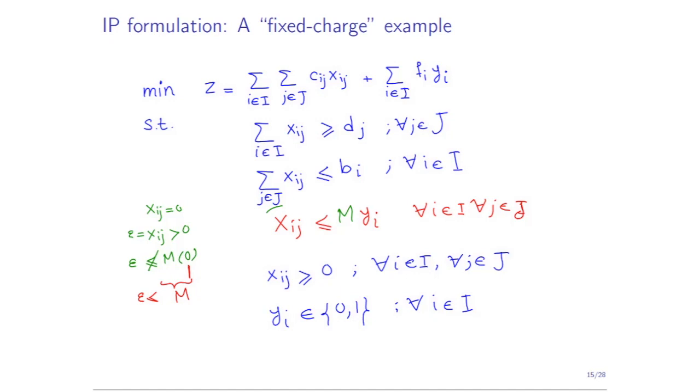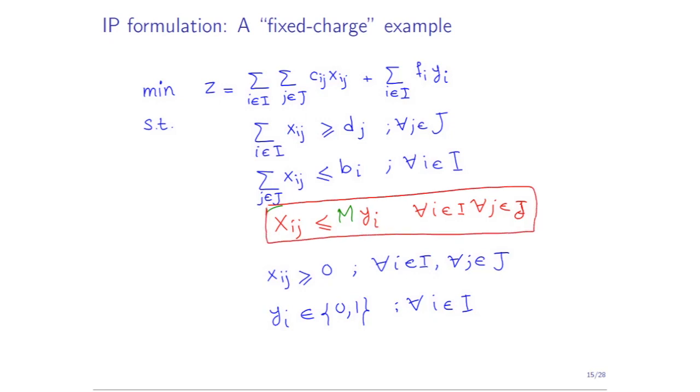Well, I wrote it as a big M, a big positive number, but when you actually try to solve this, you will need a value for M. So what I'm saying is that this is correct, but it is not actually what we need to solve the problem.